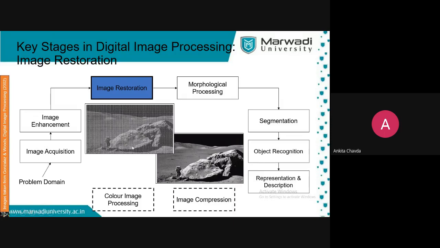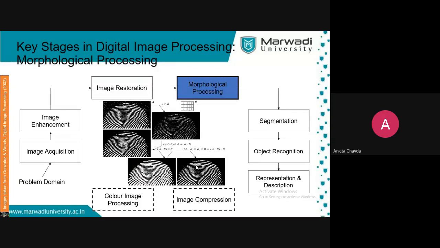Or maybe it is the blurred one. So you are restoring this, and now this is your improved image. Can you see this? Okay, all right. So this is our fifth unit, image degradation and restoration. Then morphological processing. Can you see this morphological processing?